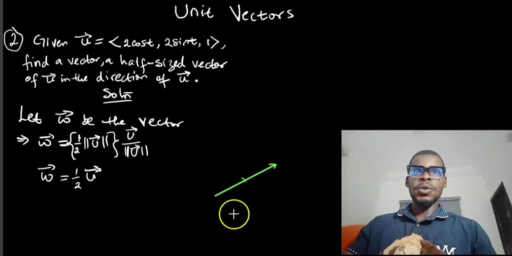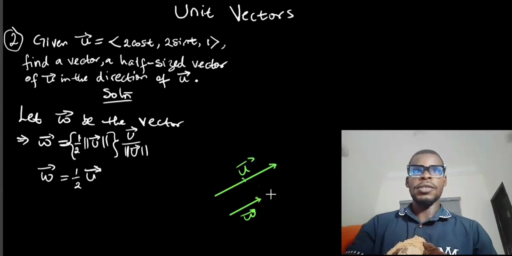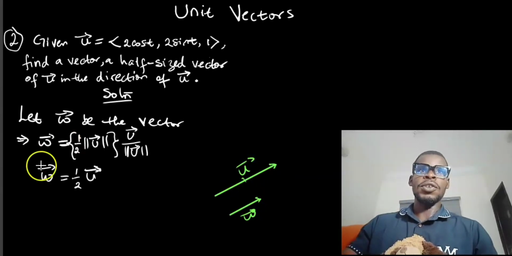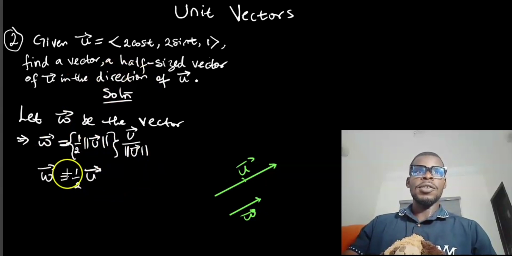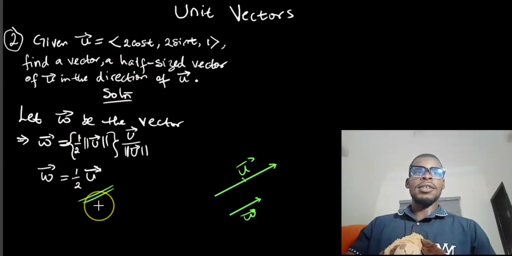So vector w should just be half of that, one of those pieces. That is vector w, given that this is vector u. It points in the direction of vector u and has half the size. So we don't even need to calculate anything. But if it were meant to be in the opposite direction of vector u, you just need to add a negative here, and we are good to go. Okay, that's a good one.